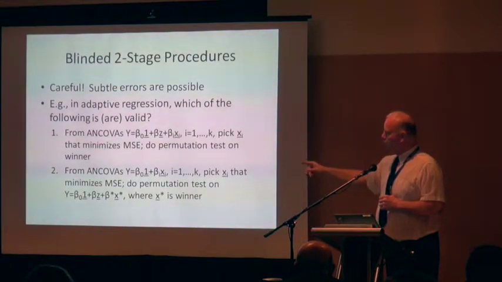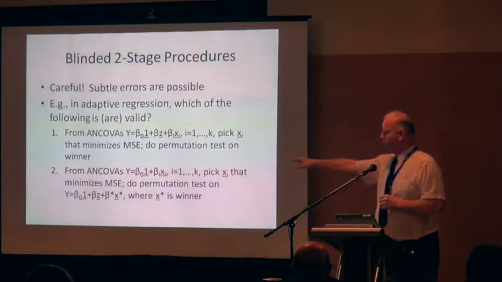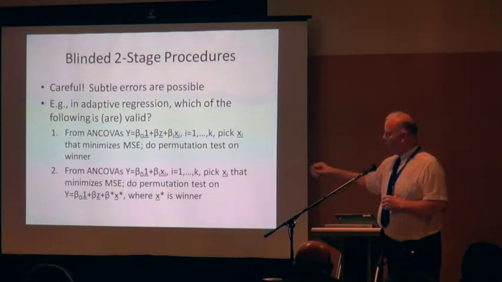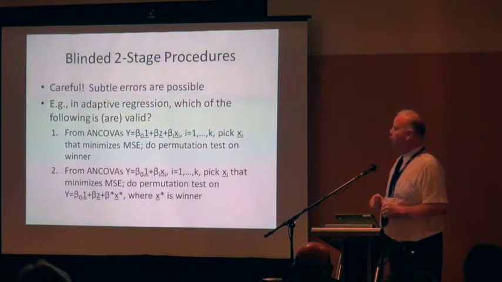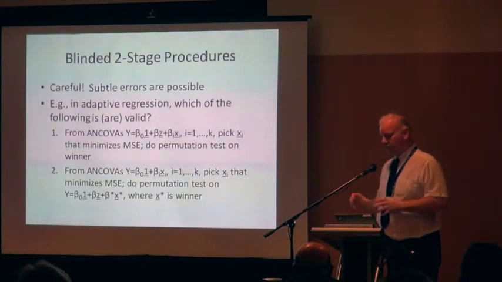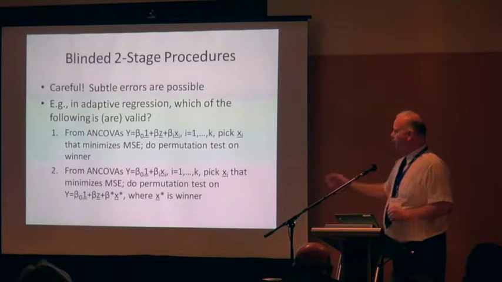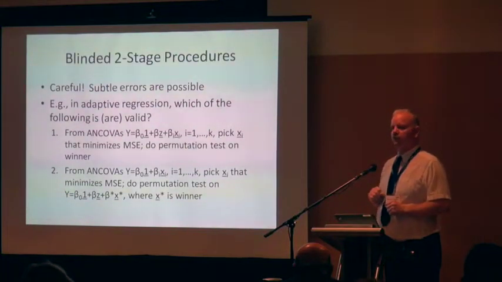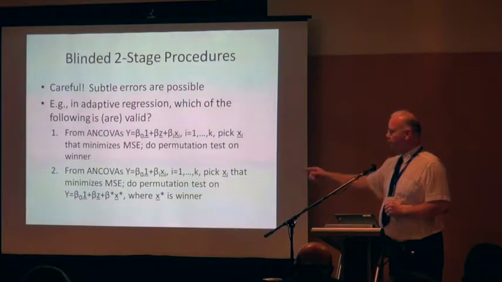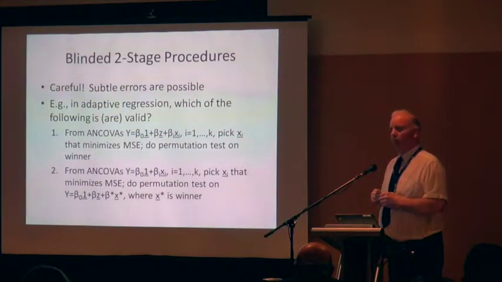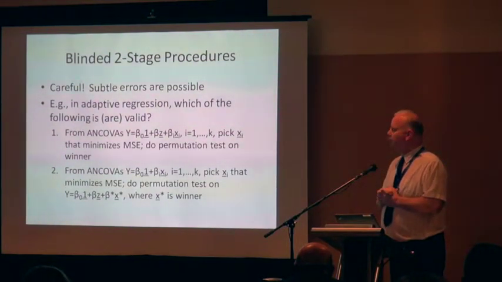Method two is, I shouldn't really say ANCOVAs, I should say regressions: leave out the treatment indicator and just regress y against each of the covariates separately, pick the covariate that minimizes the mean square error, and now do a permutation test using the winning covariate.